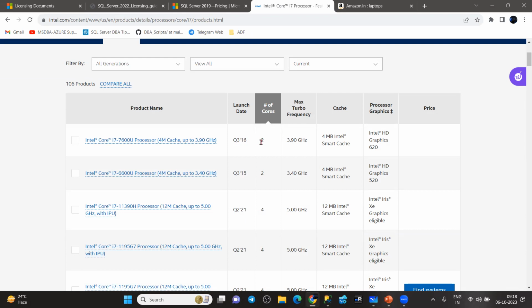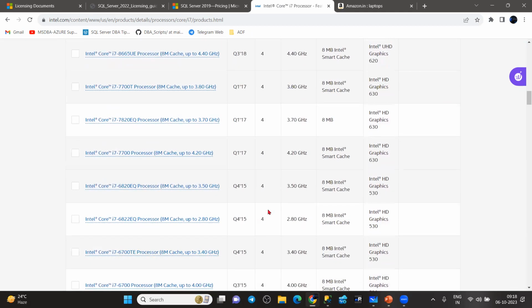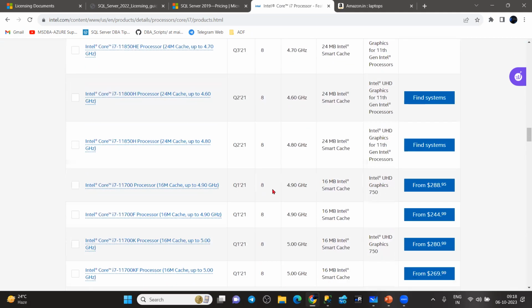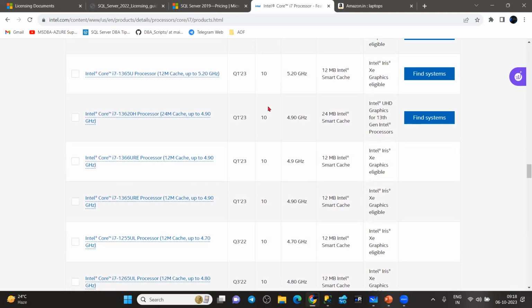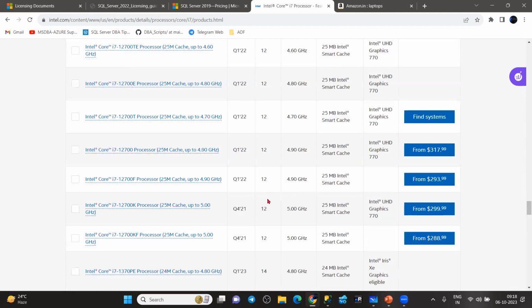In i7, the minimum you will get is 2 cores, 2 CPUs, and it goes on to 4 cores, 6 cores, 8 cores, 10 cores, 12 cores.